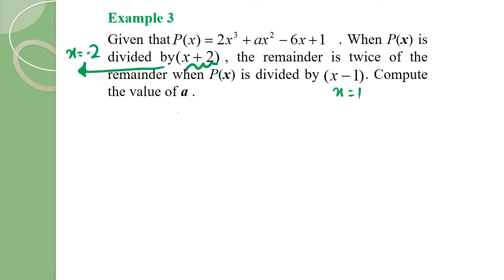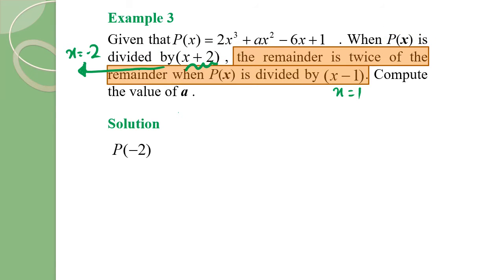Okay. So, we can use the remainder theorem. P of negative 2 is 2 times of P of 1. So just substitute the values negative 2 and 1 into the polynomial.